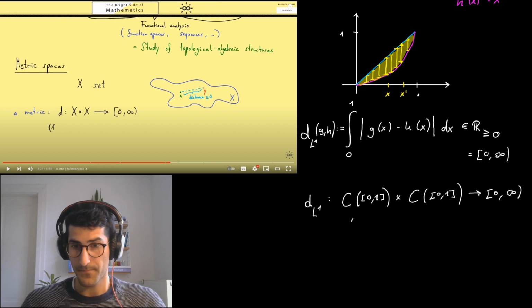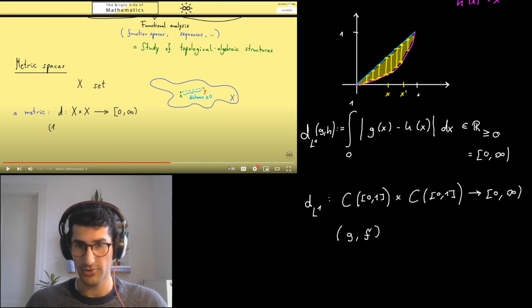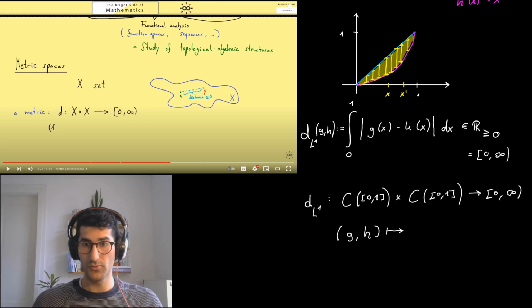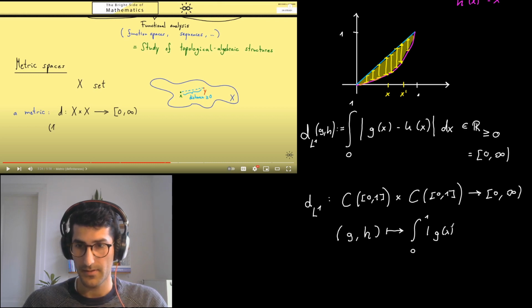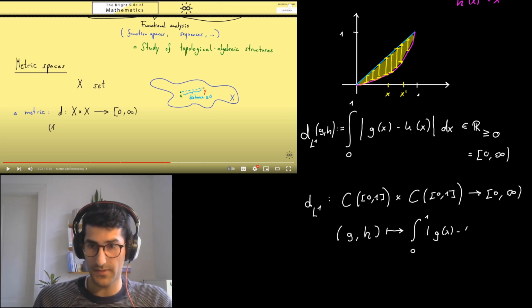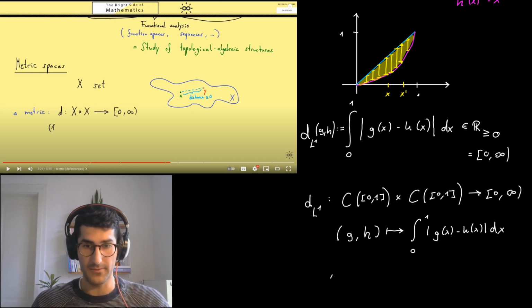More concretely, this function takes a pair g, h and maps this pair to the following expression: the integral from 0 to 1 of the absolute value of the difference of g and h, integrated over x. This is now the definition of our L1 metric.